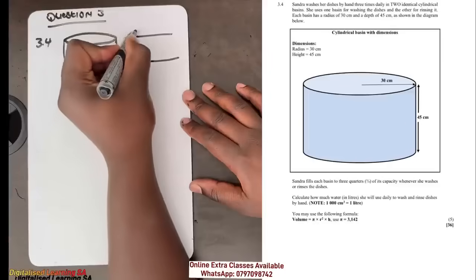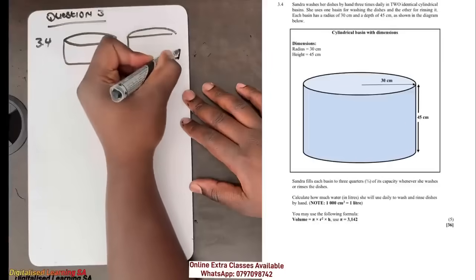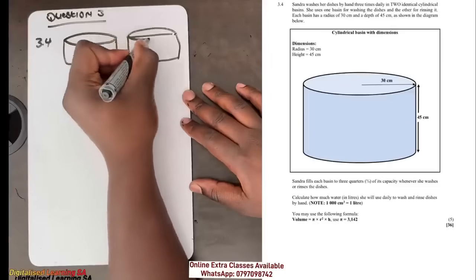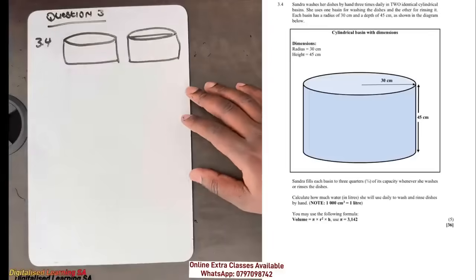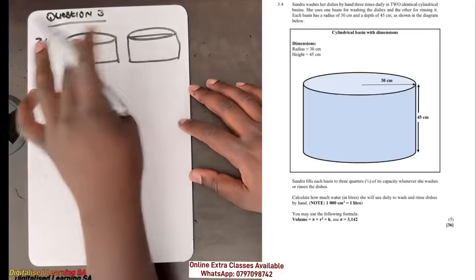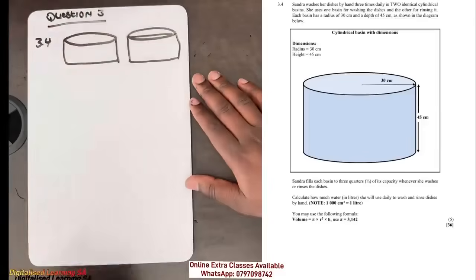So maybe we can just show that here as well. Okay, so she washes them 3 times in these 2 cylindrical basins, and then she uses 1 basin for washing the dishes and the other for rinsing the dishes.